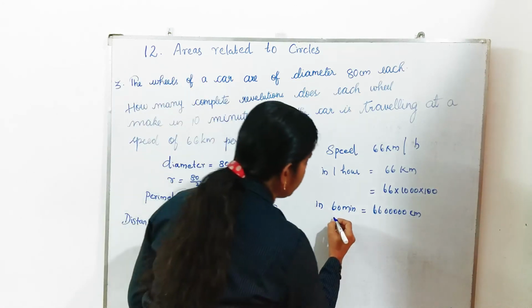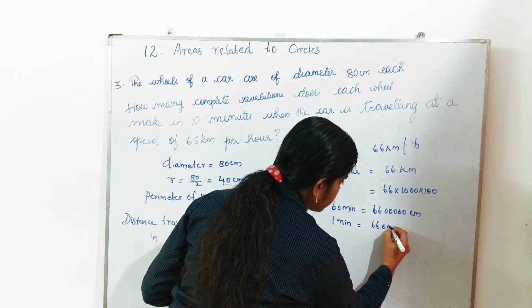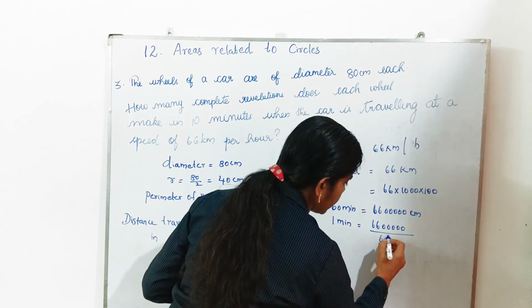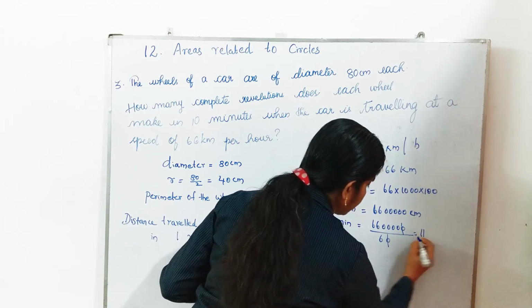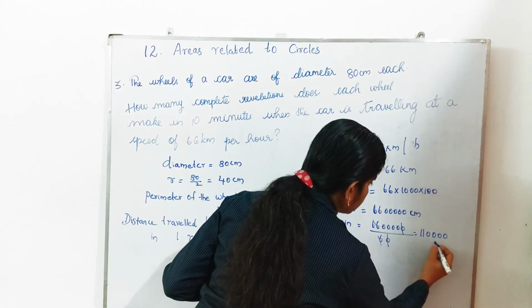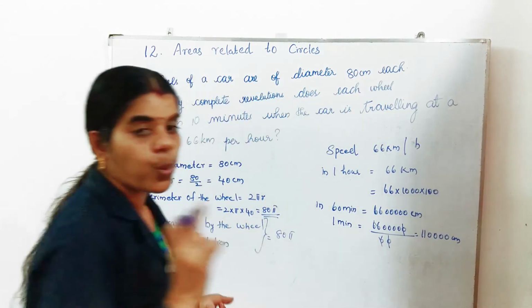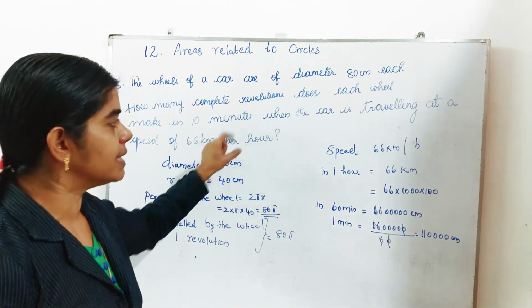So in 1 minute, how much? 66 with 5 zeros divided by 60. We can cut 1 zero. Then how many times? 11. 11 times this, then 4 more zeros. This much centimeter it is moving in 1 minute. But they actually asked how many in 10 minutes.